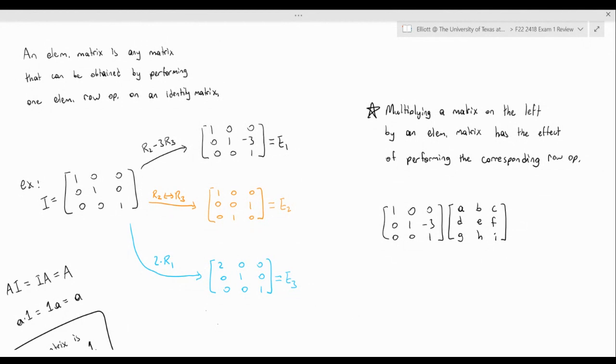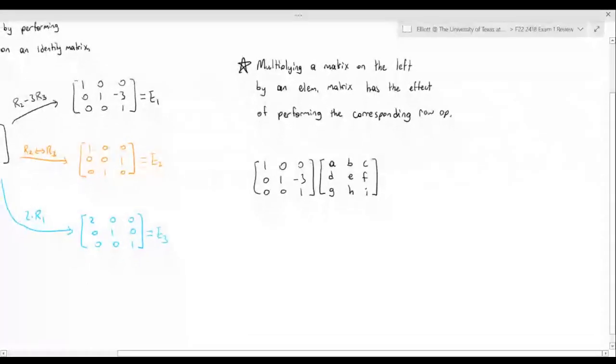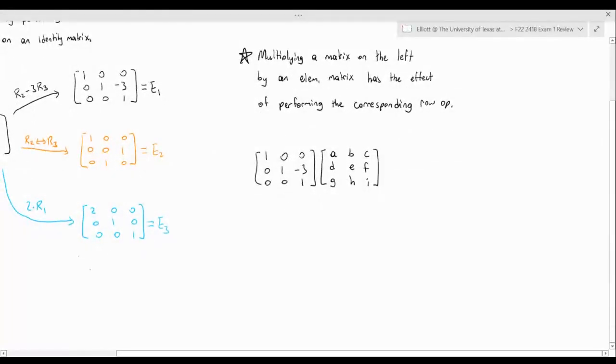And as for what is special about elementary matrices, I'll illustrate that here real quick. Multiplying a matrix on the left by an elementary matrix has the effect of performing the corresponding row operation. I'm going to do a little computation here just to illustrate what I mean by that.